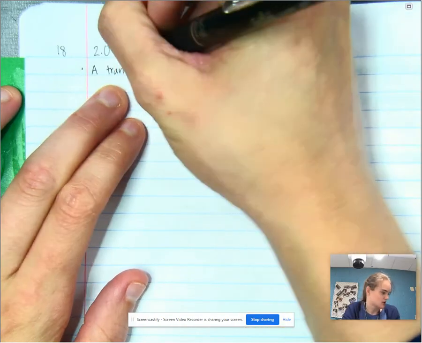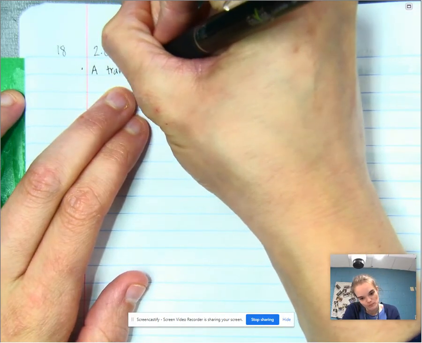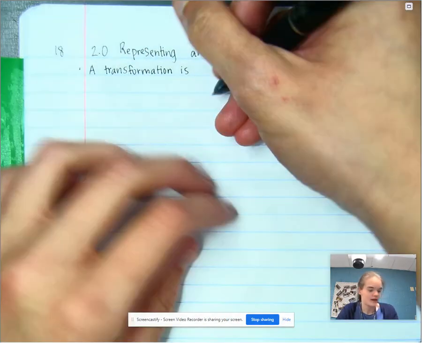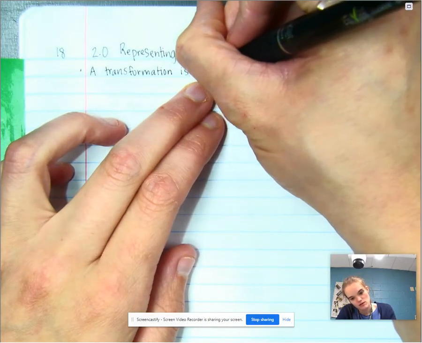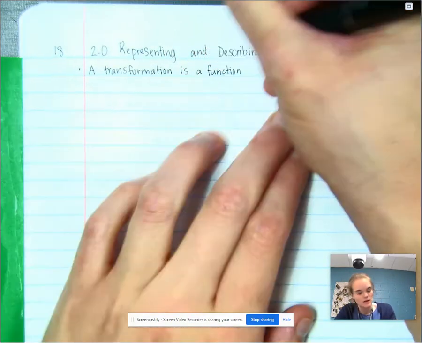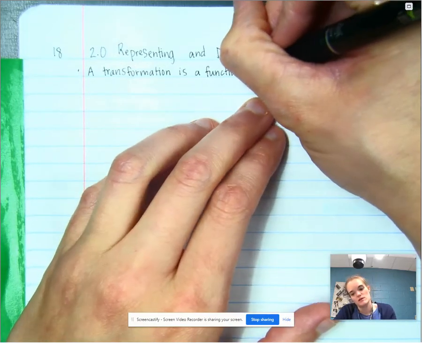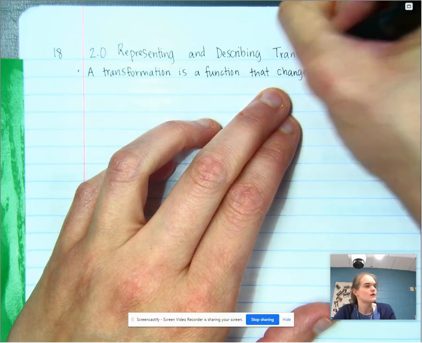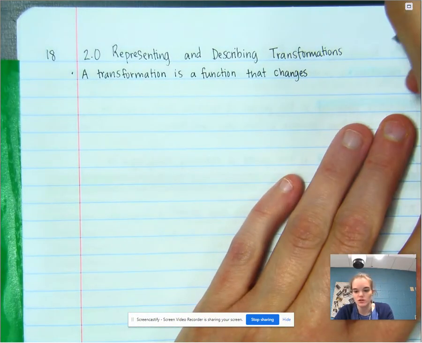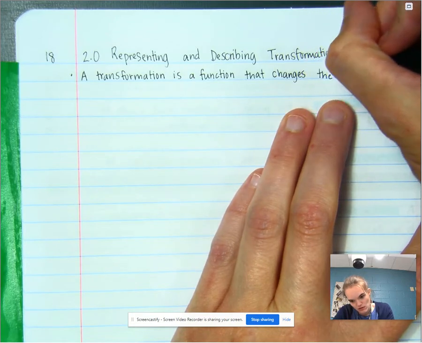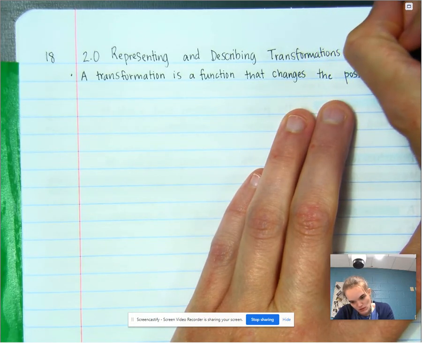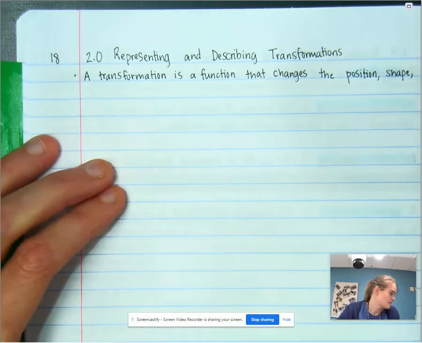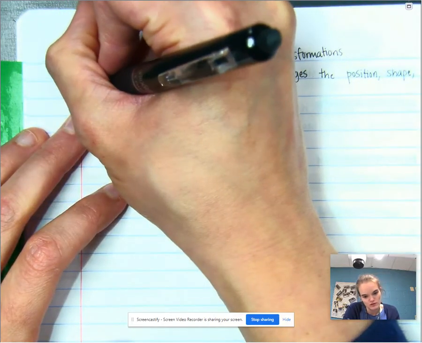A transformation is a function that changes the position, shape, and or size of a figure.